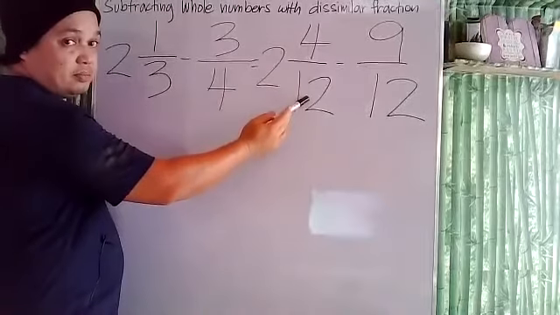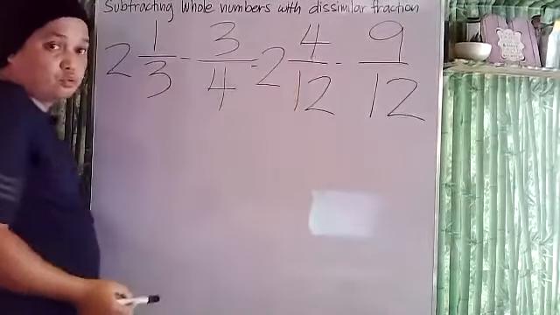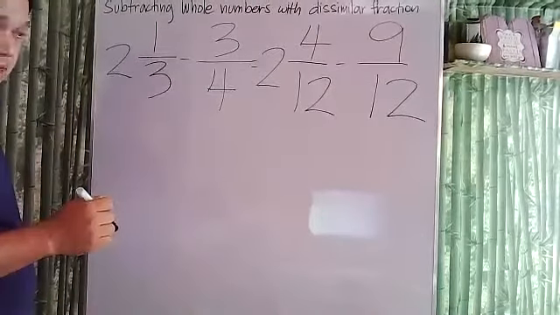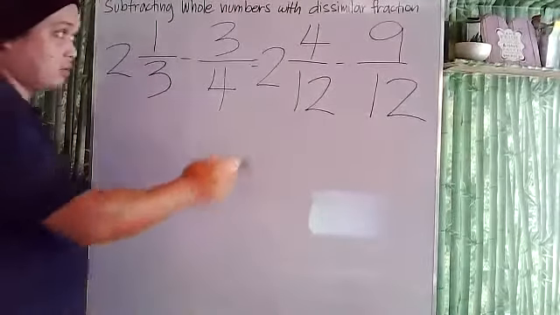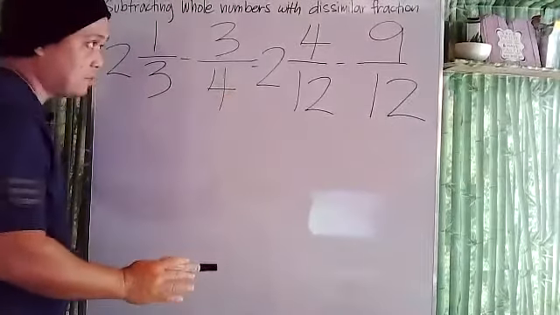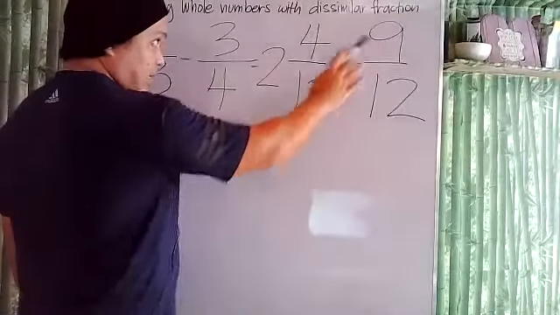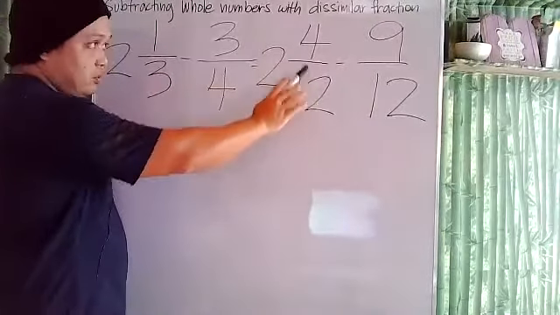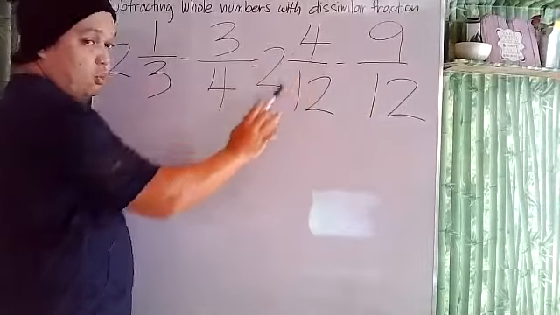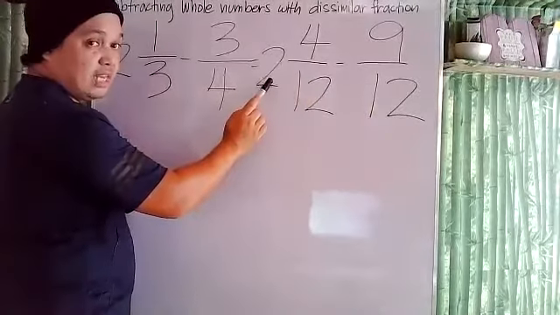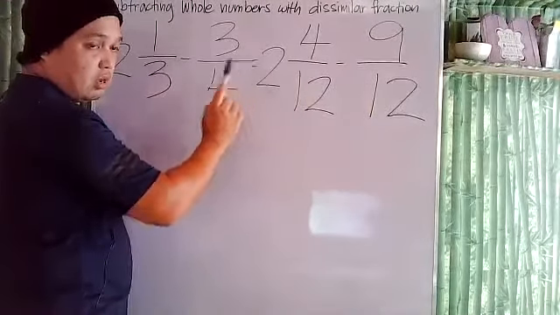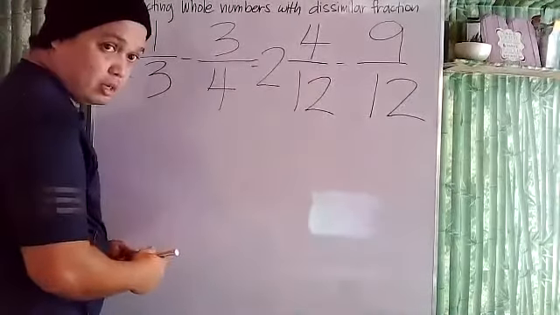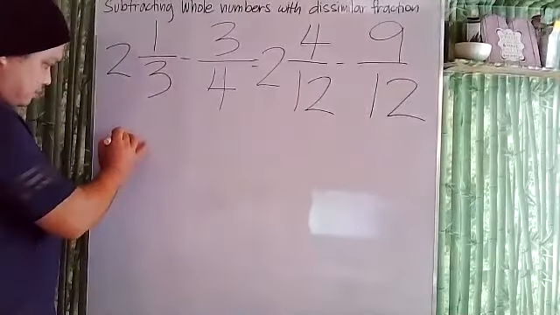For 4/12 here, we must borrow 1 from the whole number. To subtract, we must borrow 1 in fraction form from 2. Because the numerators cannot be subtracted, 4/12 must borrow 1 from 2 in fraction form. Now, how do we do that? If we borrow 1 here, 2 minus 1 is 1.